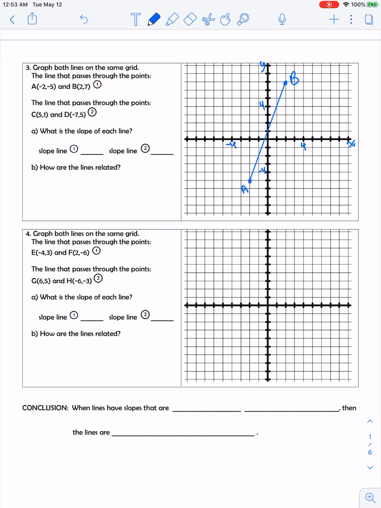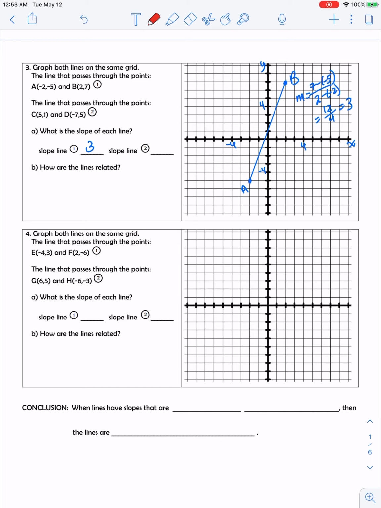That's B. Okay, slope: 7 minus -5 over 2 minus -2, which is 12 over 4, which is 3. So line 1 has a slope of 3.